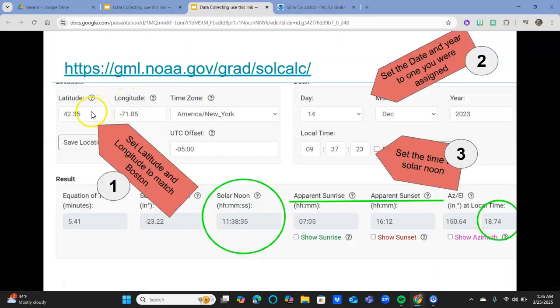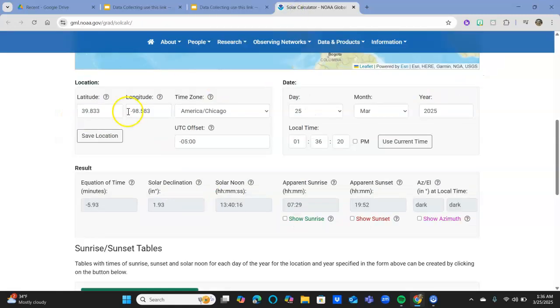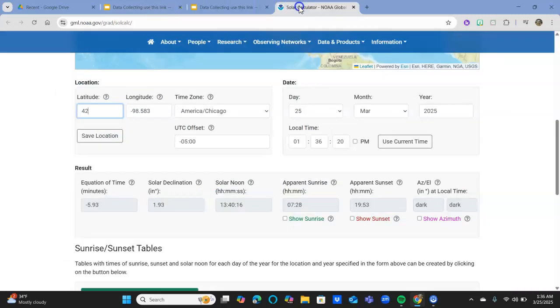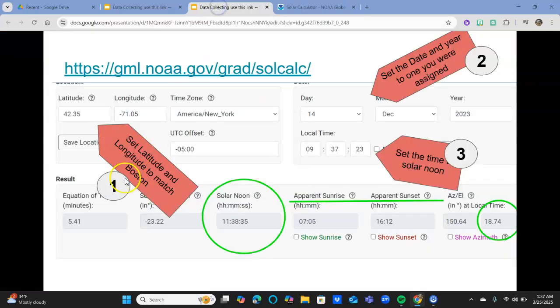Go back here. 42.35, and it's negative 71.05. Just checking, yes. Okay. That's what I'm doing. Step 1.